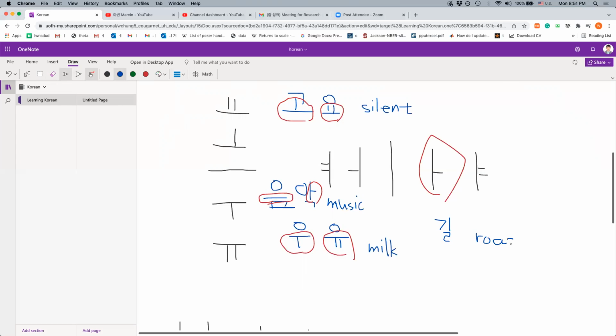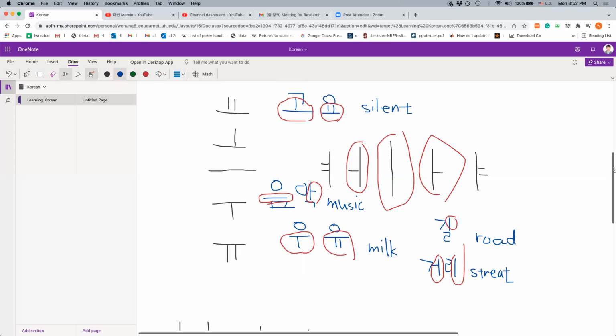I think this would be better. 길. This is ㅣ. And maybe another word related to it would be 거리, which is street. 거리. Is ㅣ.